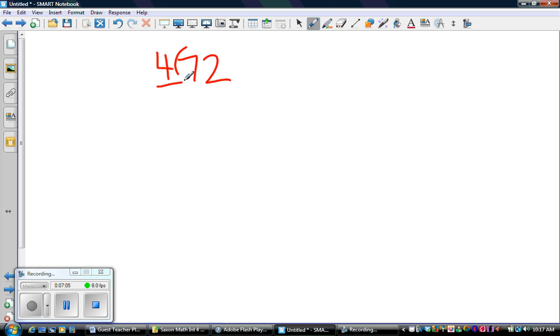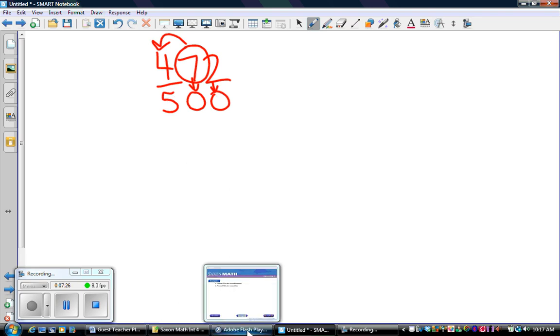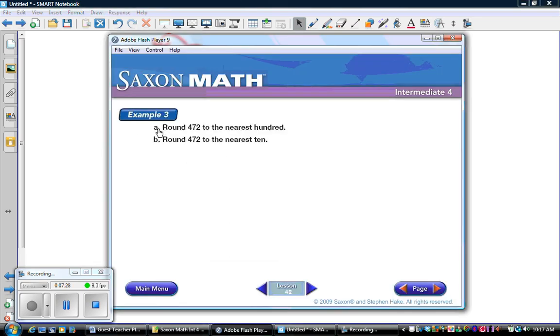We know we underline and we immediately circle the digit next to it. That number tells us what to do to this number. And our choices are, do we go up or stay the same? If it's 5 or higher in the circled number, we get to go up. So the 4 gets to go up to a 5. Everything else pops down as zeros, and our rounded number is 500 for A.